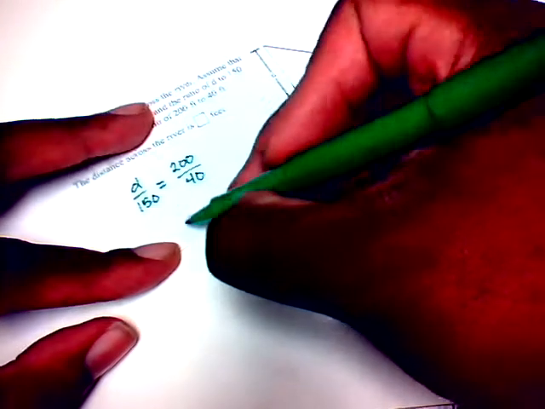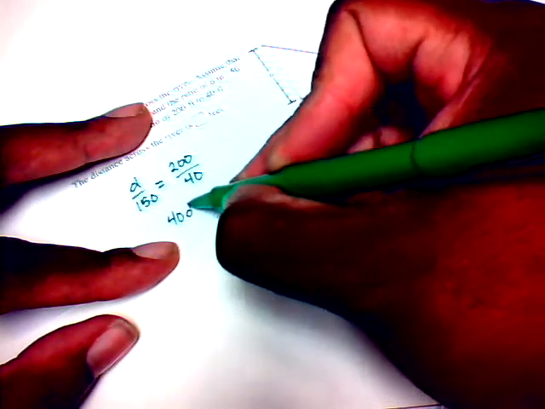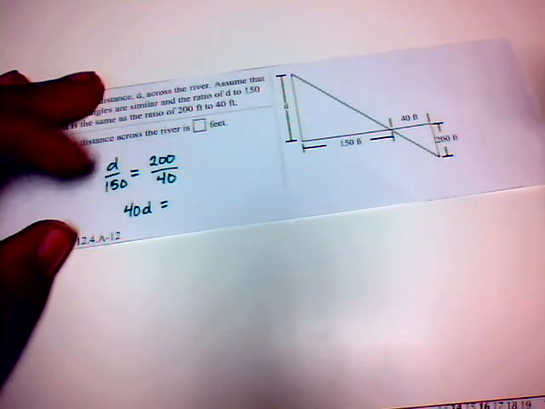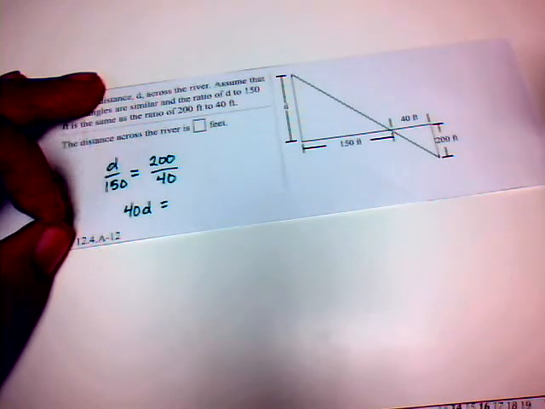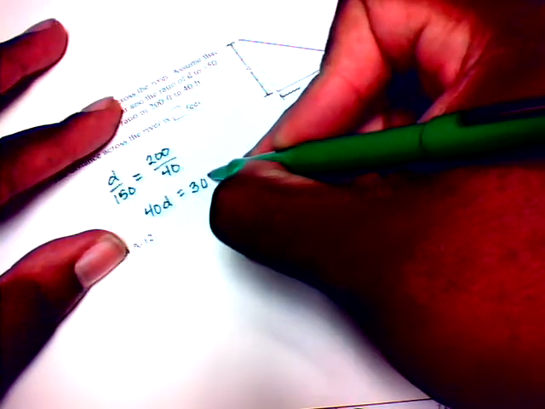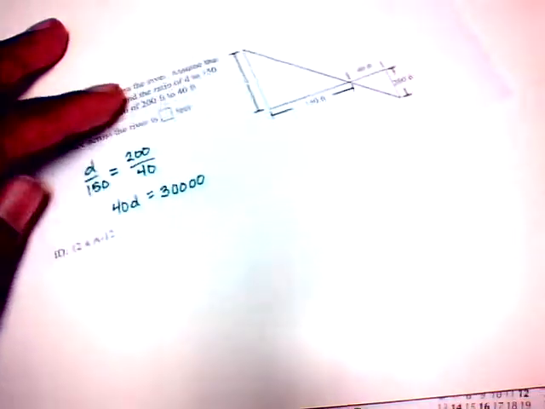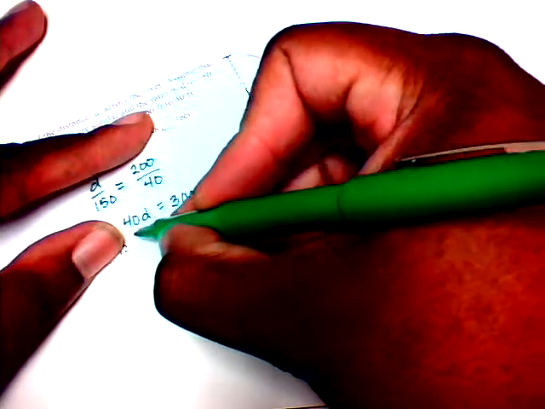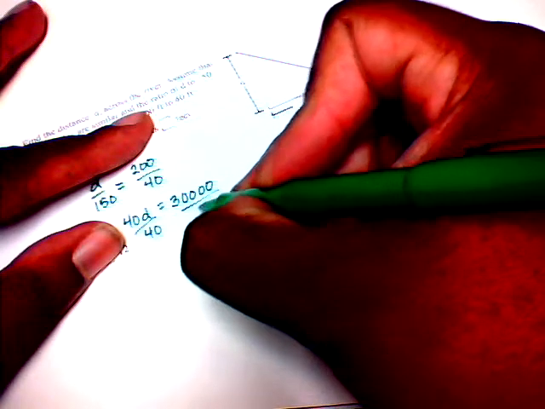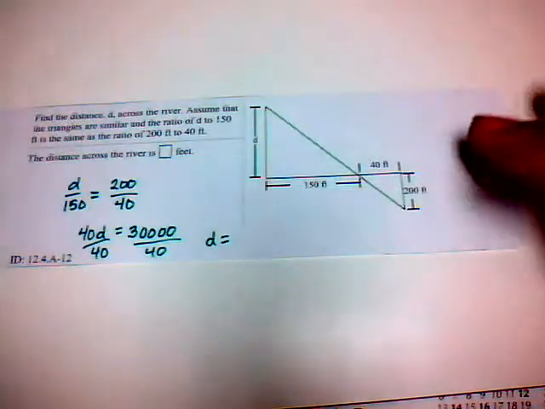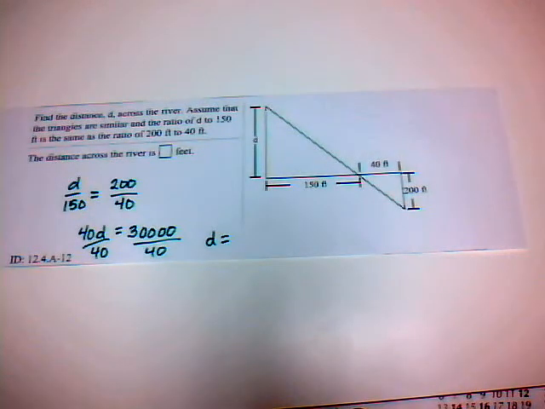Cross multiply, 400 times d is 400d. 150 times 200, well, 15 times 2 is 30 with 3 zeros. So that'd be 30,000. 400d is equal to 30,000. And then you're going to divide both sides by 400 to find out what d is. So d is equal to 30,000 divided by 400.